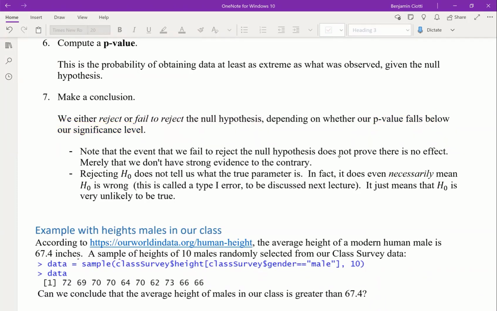So, for example, if the significance level is 5% and you end up with a p-value of 4%, that means that there was only a 4% probability of observing data at least as extreme as what you observed under the assumption of the null hypothesis and the test. Since that falls below your significance level of 5%, you conclude that the null hypothesis is untrue, or at least unlikely to be true, and you reject it.